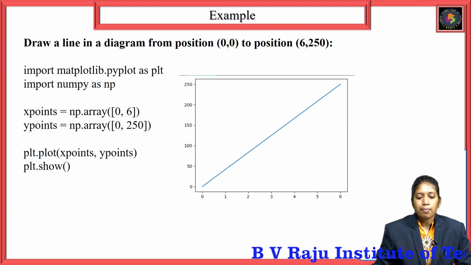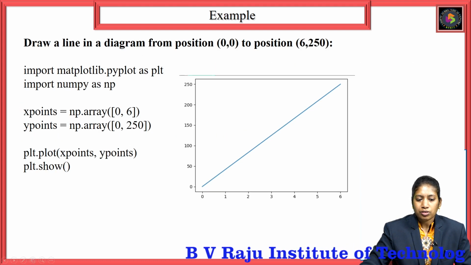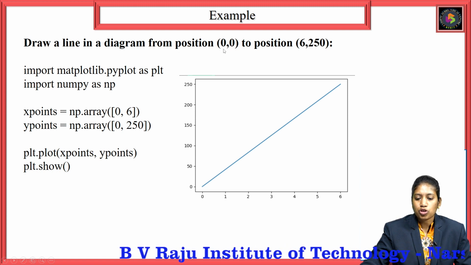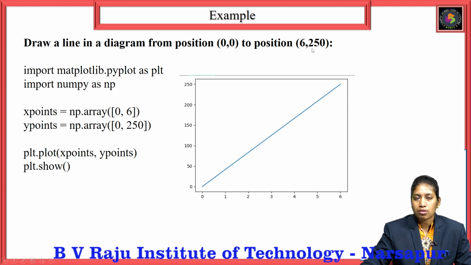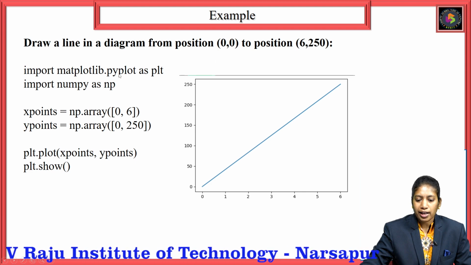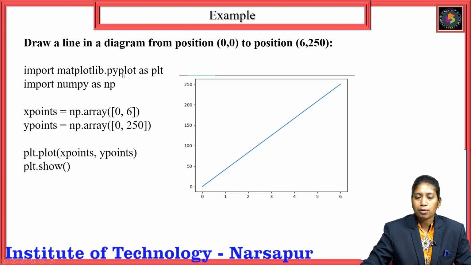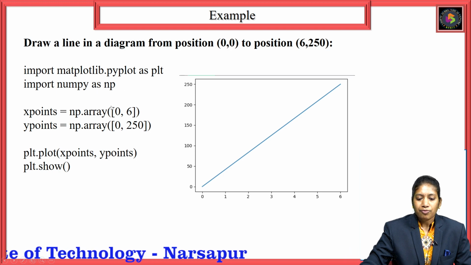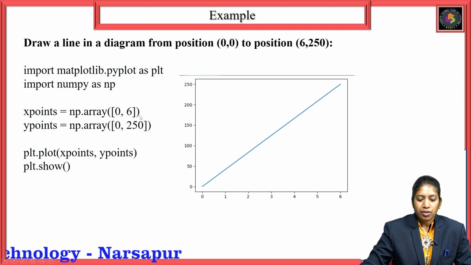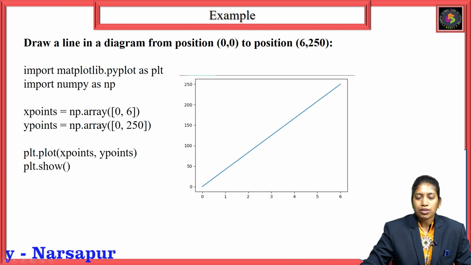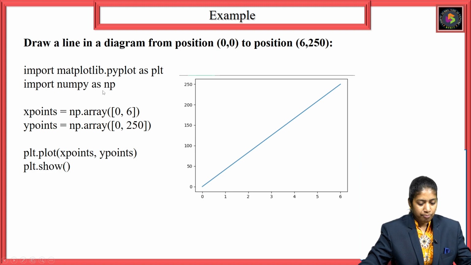So here is an example to draw a line from position 0,0 to position 6,250. How to draw a line? First we need to import Matplotlib along with pyplot. Then we take a list of values in an array. The array function is available in numpy, so we have to import numpy.